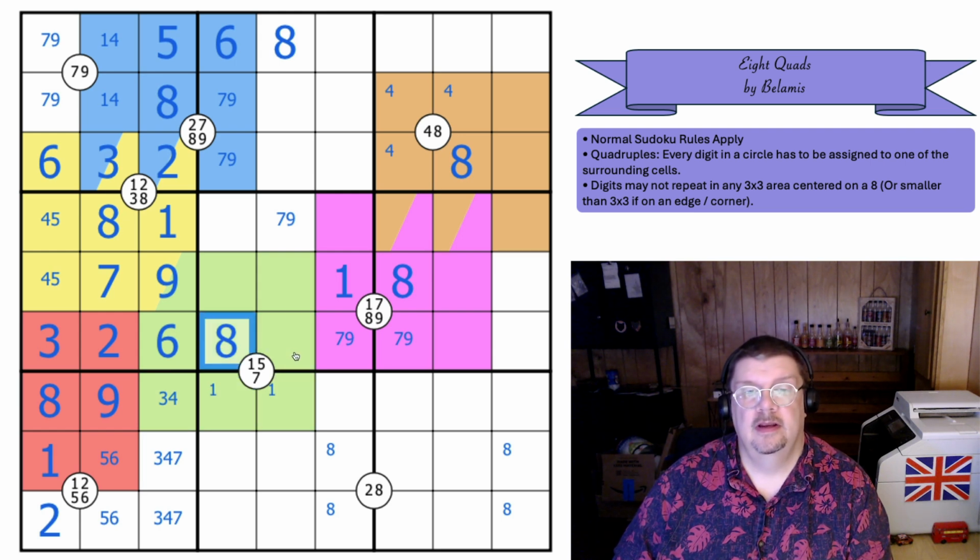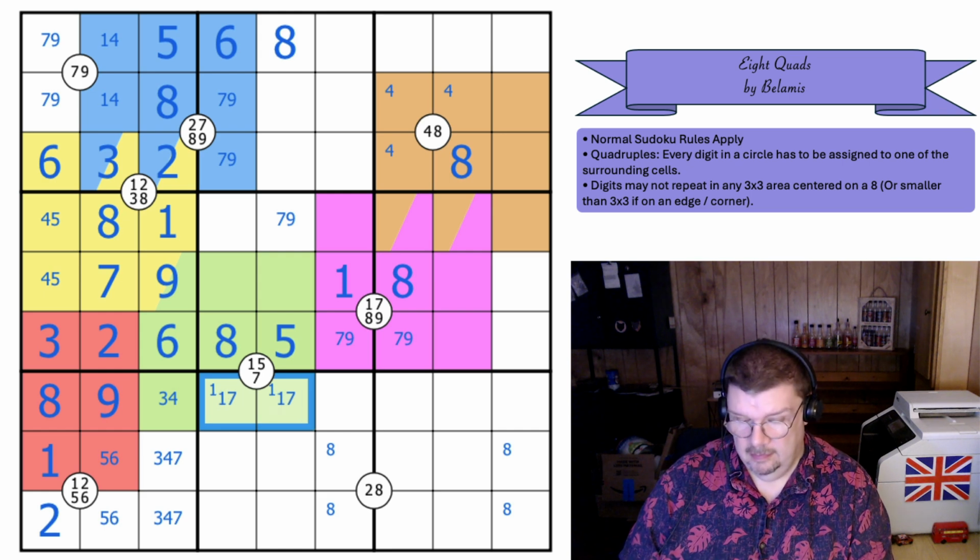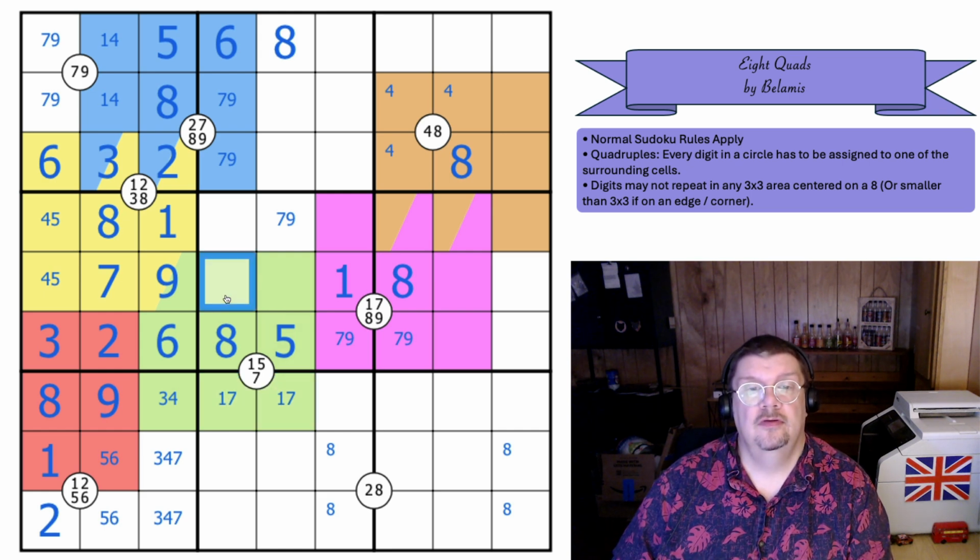In fact, now that that's an 8, I can put in 1, 5, and 7. That's not a 1 or a 7, that's the 5. So this is 3, 4, and nope, in the green, 3, 4, and 2 is what I need.